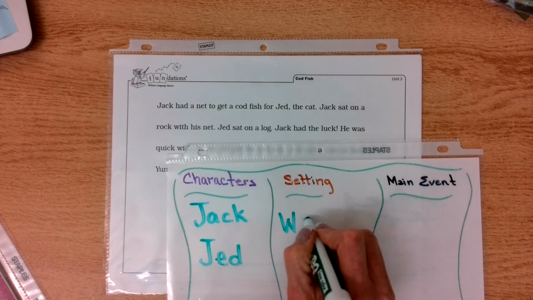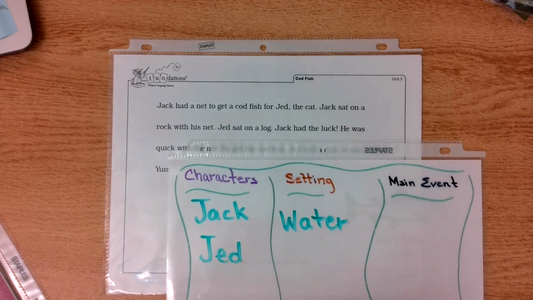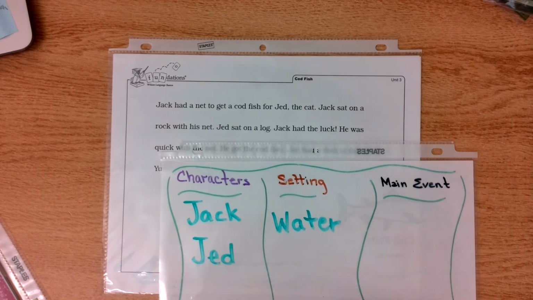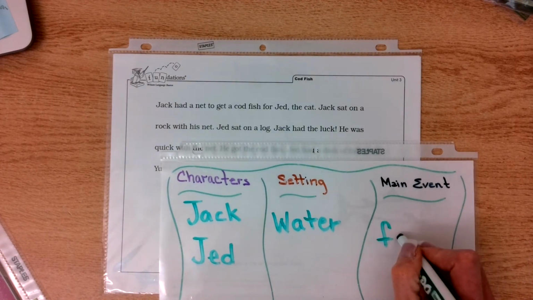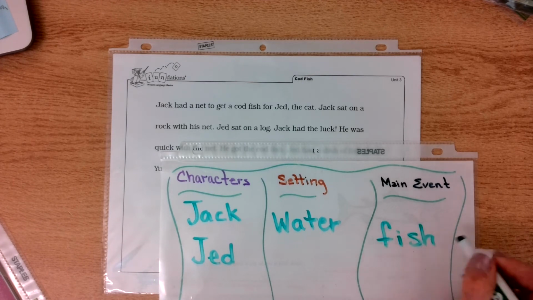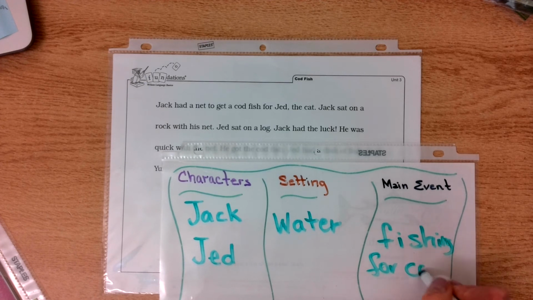So you could put pond, you could put a lake, you could put a stream, wherever you fish, right? And the main event, what's the main thing that happened in the story? Fishing for cod, right? Fishing for cod. And cod is a type of fish.